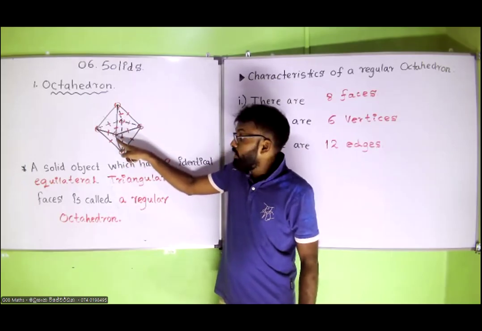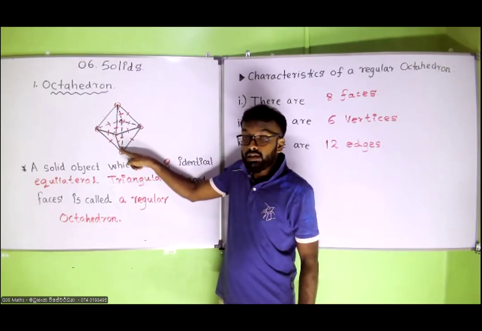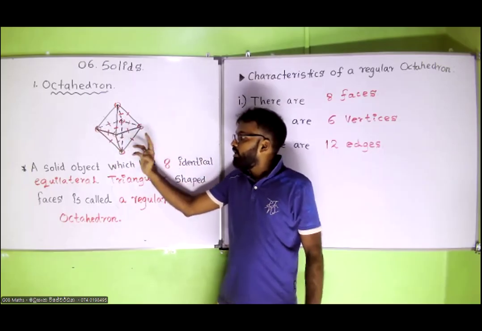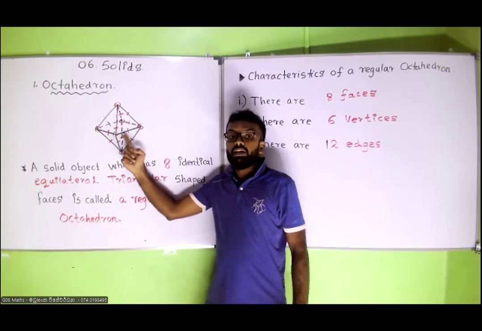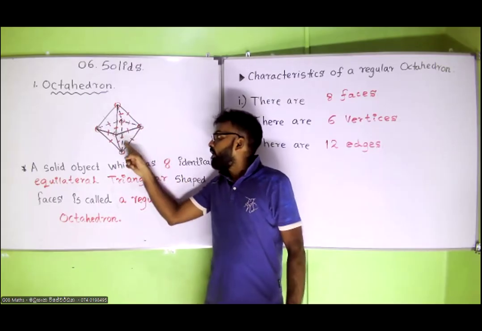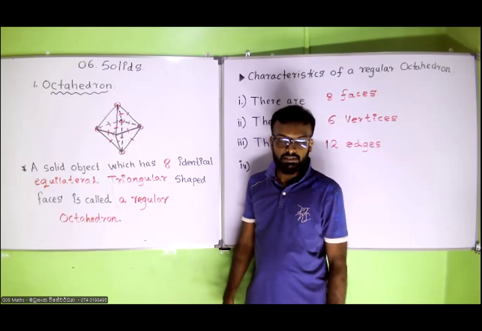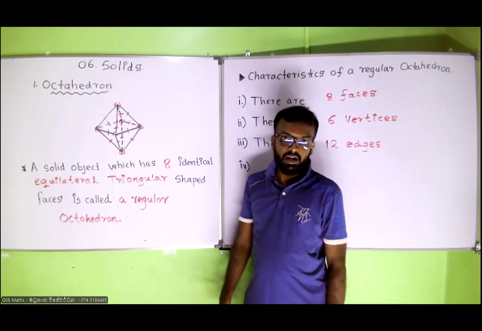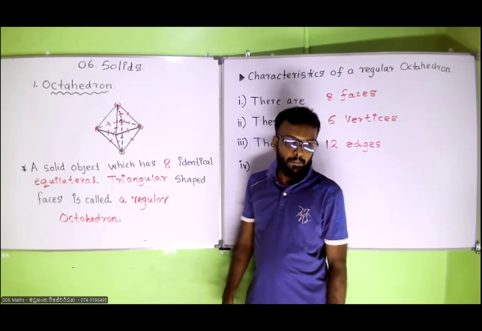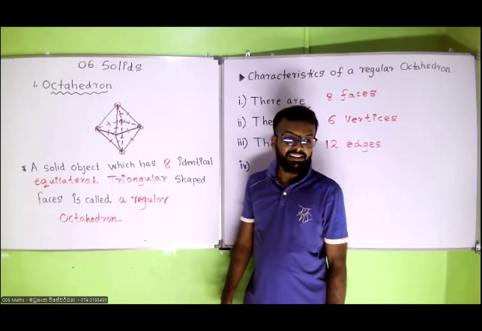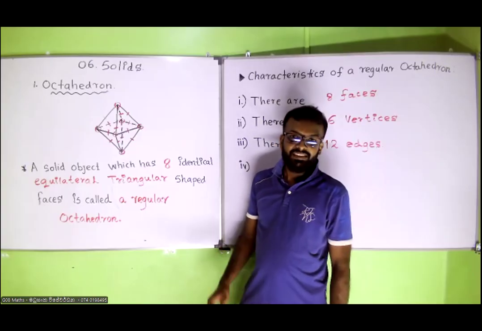And below this is 9, 10, 11, the edge that we cannot see, 12. Already there are 12 edges.